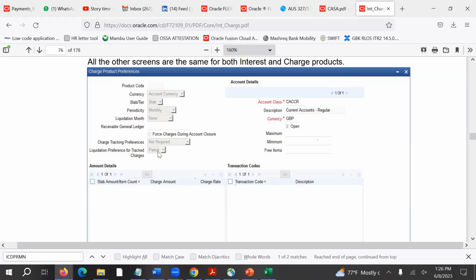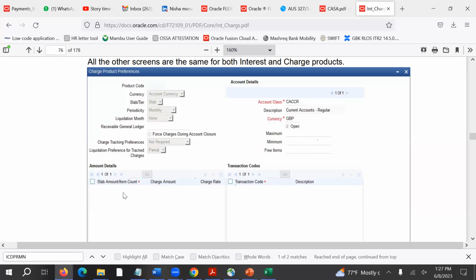Here it says I am supposed to charge 100, customer is having only 25. So should I recover 25 and put the remaining as a track, or put everything as a track and block the 25? So I will wait until he gets a full 100, then only I will recover. So it is that preference actually. And then here mention account class, currency, and what is the maximum amount of charge, minimum amount of charge.